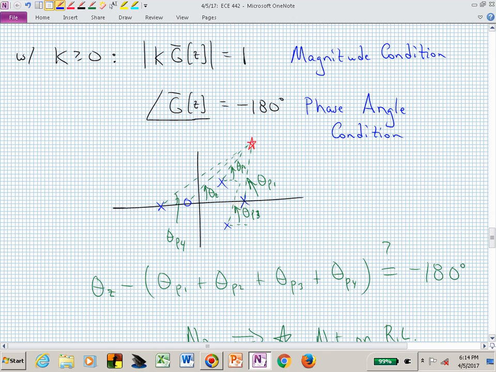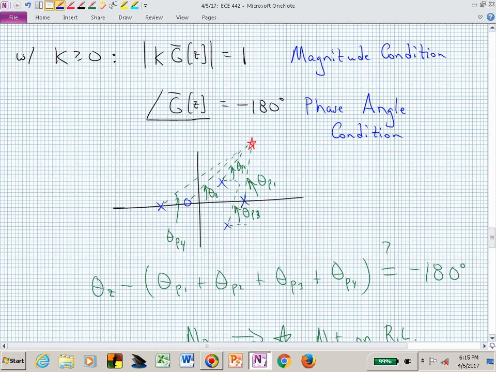But here, the angle of the zero to that star is about, what, 45 degrees? And that's what you would have for theta of z. You could get out your protractor. If your axes are equally scaled, then your angles will be accurate, and you could physically measure those angles, or you could compute those analytically using trigonometry.